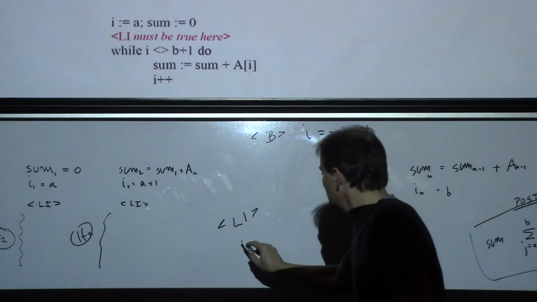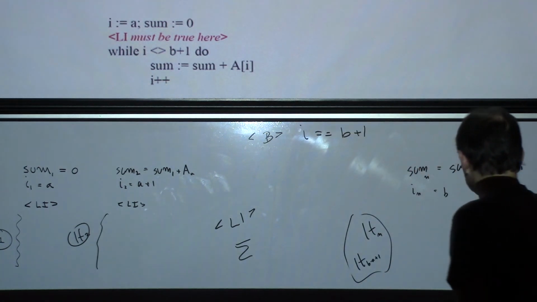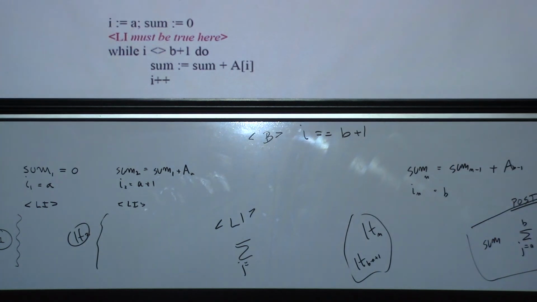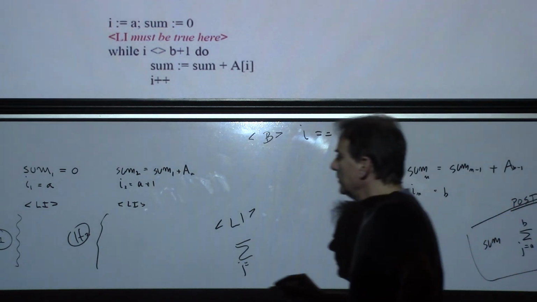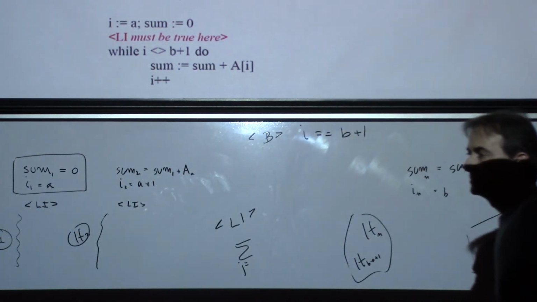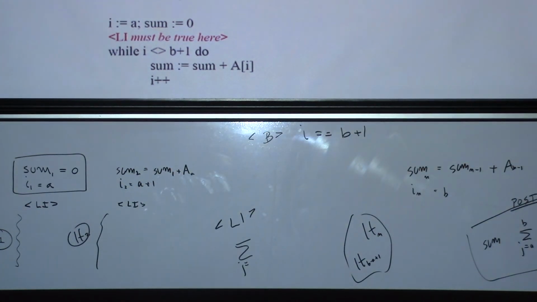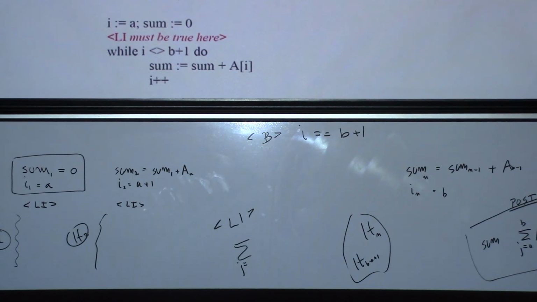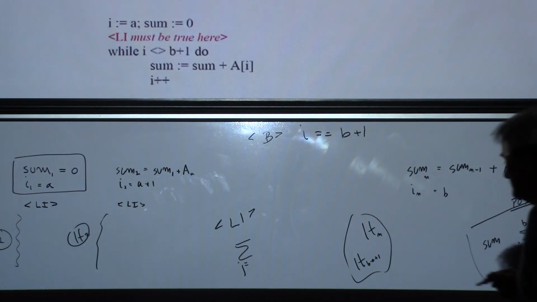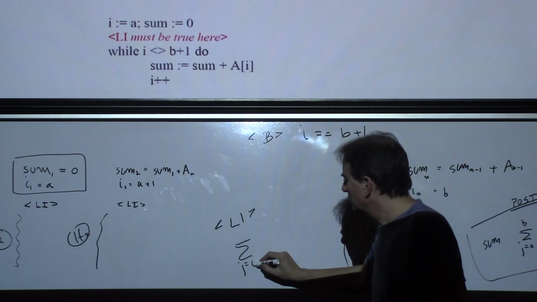So therefore, it's going to be a sum like that, with j equal to, now the question is, where's j going to go from where to where? Look very carefully here. Before the first iteration, how many elements have we added into the sum? 0. Therefore, how do we show a sum of 0 using summation notation? j goes from a.